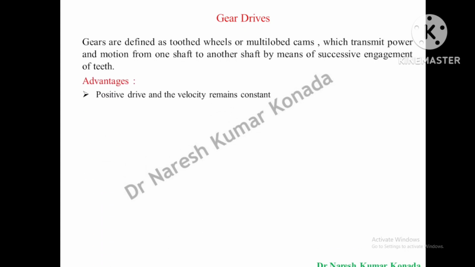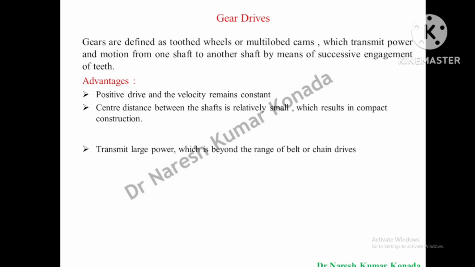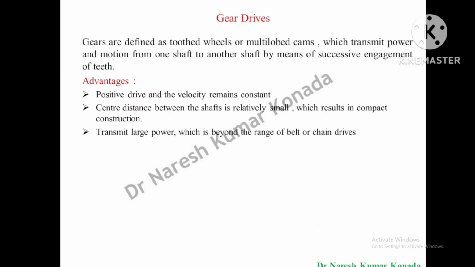The main advantages of the gear drives include that it is a positive drive and the velocity ratio is constant. The center distance between the shafts is relatively small, which results in compact construction, and it can transmit very large power which is beyond the range of belt and chain drives. In belt drives and chain drives, we generally have low power transmission capacity due to various disadvantages.